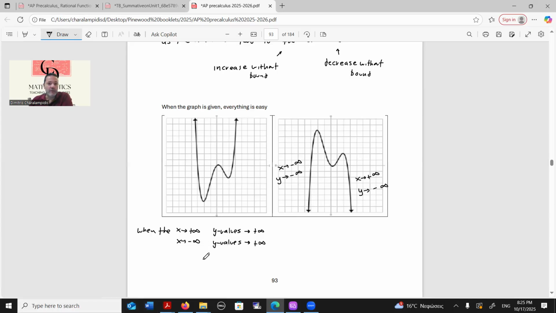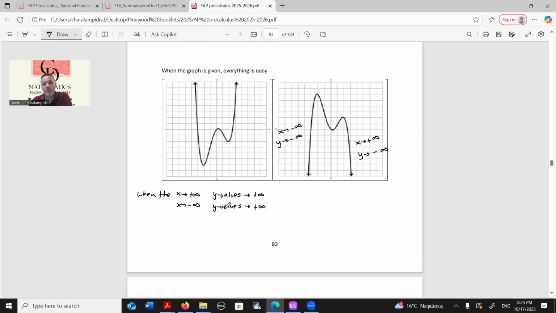In the AP Precalculus, we use, and we should learn it by now, we use to describe this end behavior by using limits. Limits, in simple words, because it's something new for all of you, shows a tendency. In order to describe when x tends to plus infinity, y values tend to plus infinity as well, we write it like that.